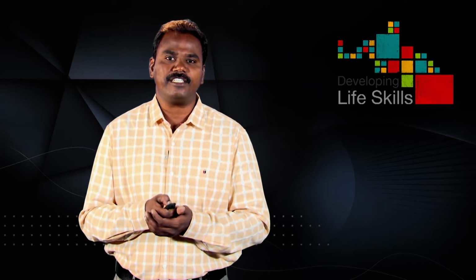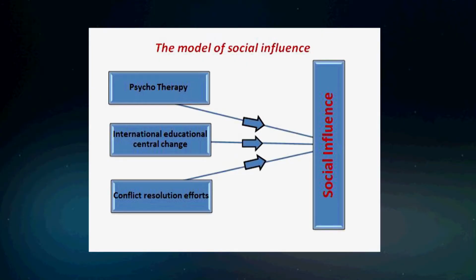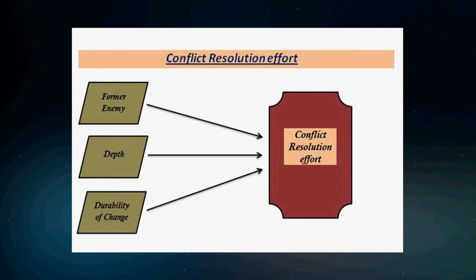Instead of generalizing influential communication, Kelman identified psychotherapy, socialization and international educational and cultural change on the conflict resolution efforts. This conflict resolution effort was mainly observed in the domain of former enemies, the depth and durability of change rendered by the social influence.